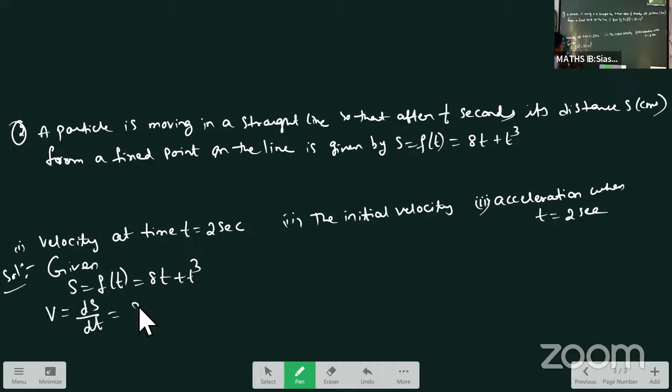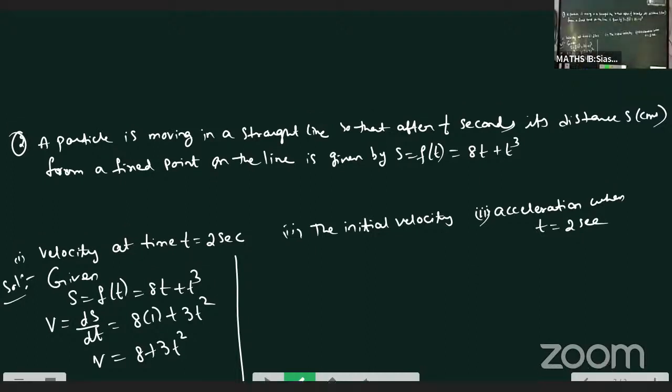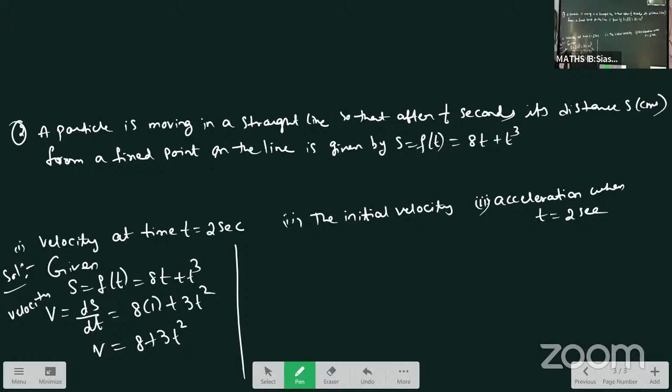So that is 8 into 1 plus 3t square. So velocity we got 8 plus 3t square. Immediately, what to do? Find acceleration. Next, acceleration.